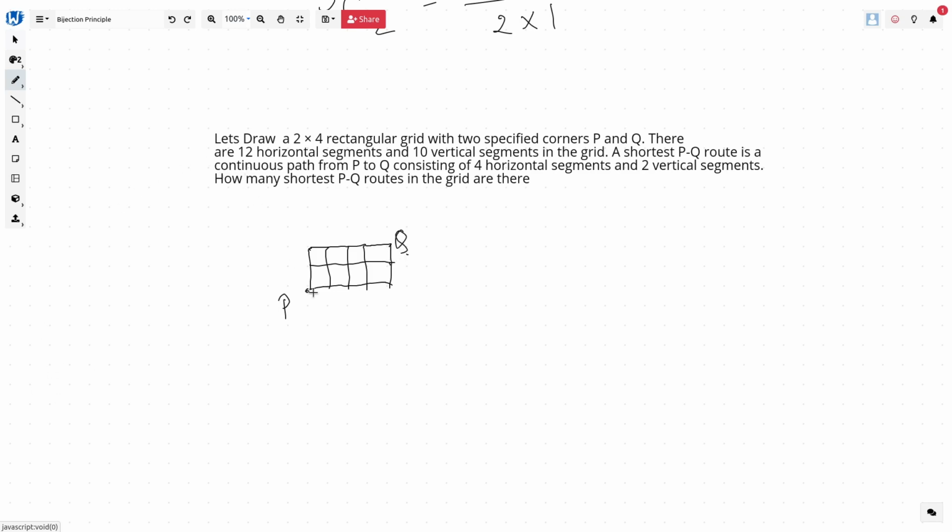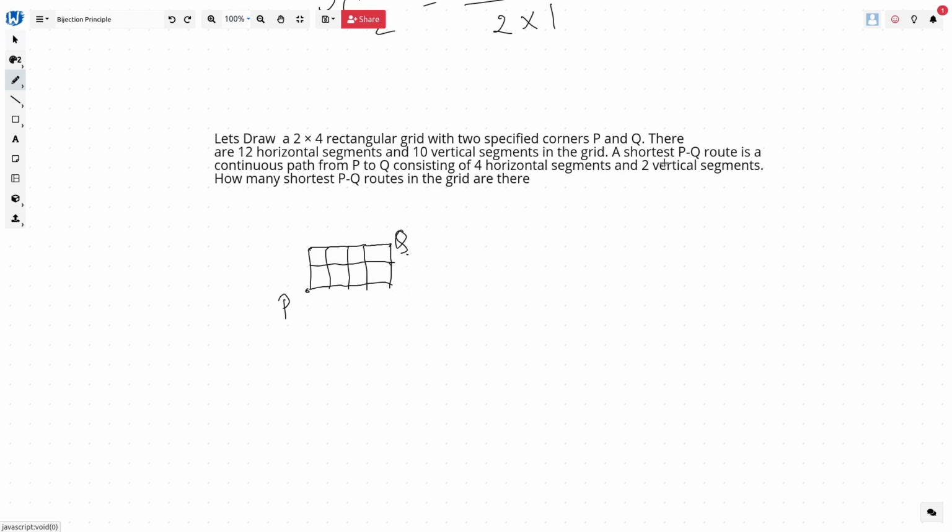There you can see that there are 12 horizontal lines, so 1 2 3 4 5 6 7 8 9 10 11 12. So there are 12 horizontal lines and 10 vertical lines, so 1 2 3 4 5 6 7 8 9 10, right?